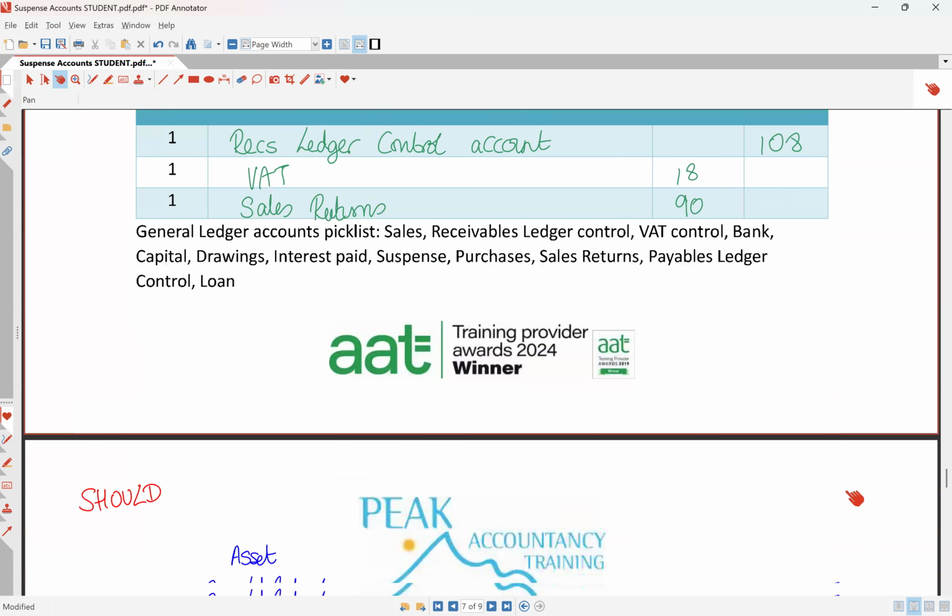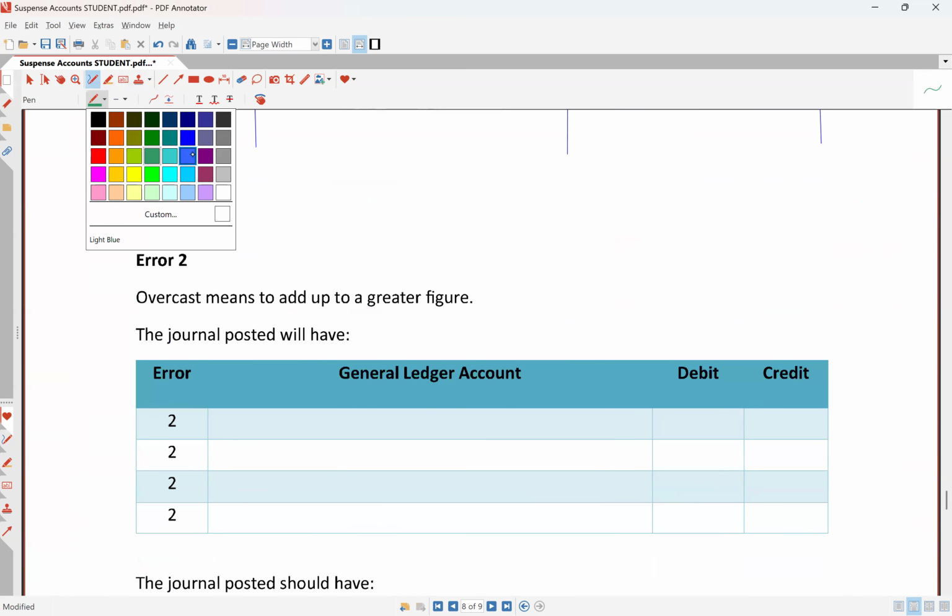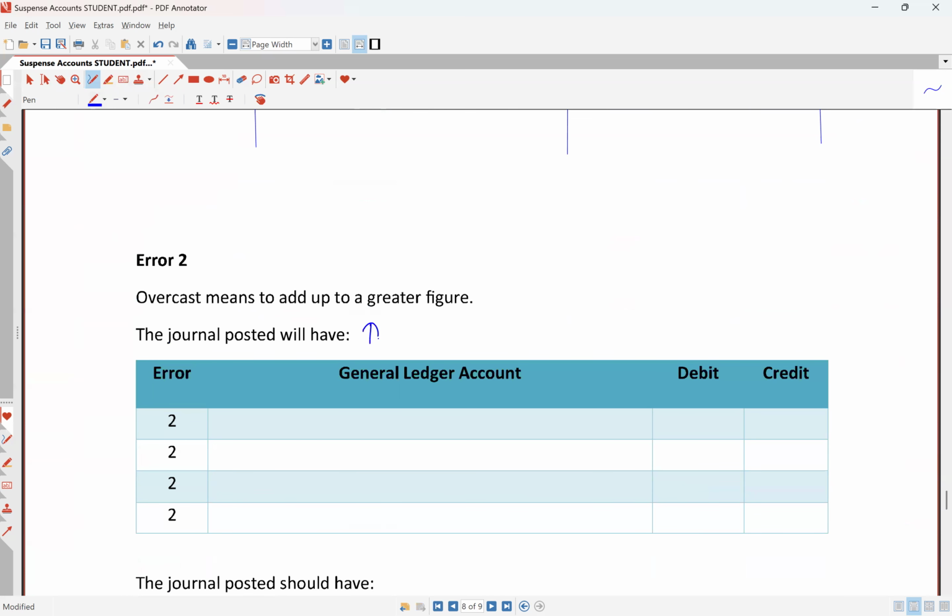So what have we done? That's our first step, remember? Well, what we've done is we have credited our payables ledger control account with that gross amount. And the gross amount was 12,000.